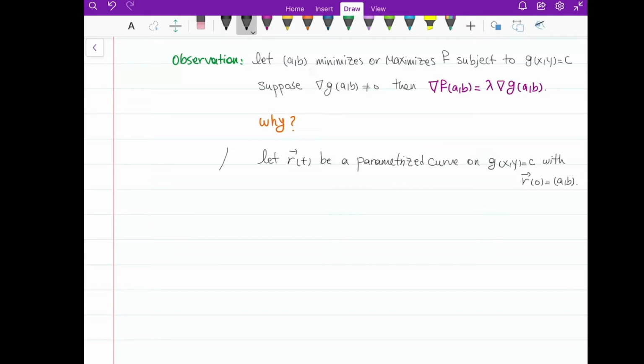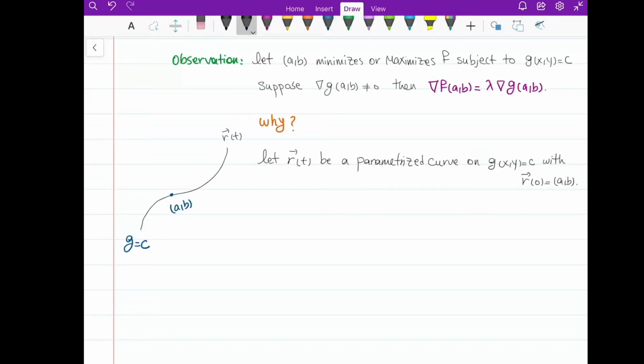So basically we have a curve like that, r of t, and it's on g equals c, and at time 0 it passes through the optimal point a and b.